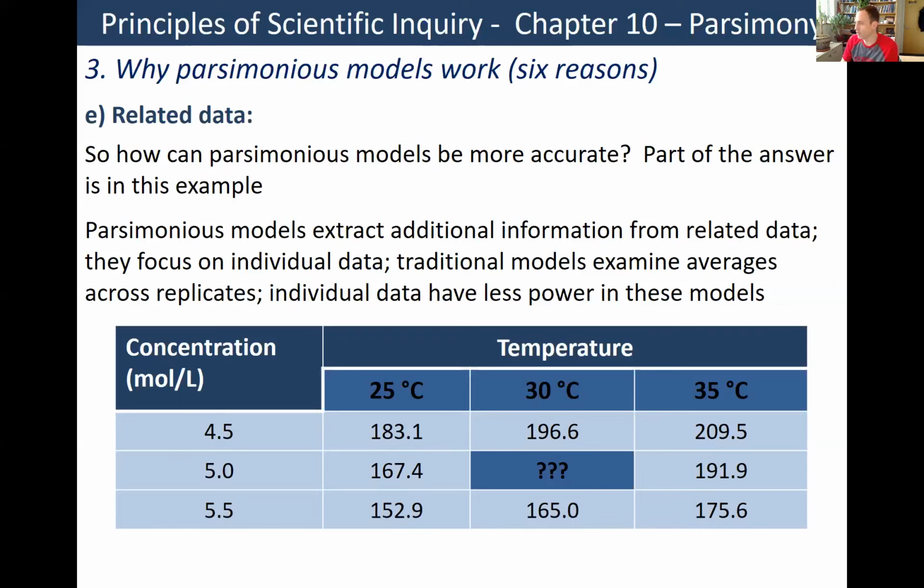So the average of all these values is closer to the actual value than the average of one line, right? So we're using all of these related data to estimate this value. And that's this idea of how these data are related, and that's one reason why parsimonious models work. Okay.